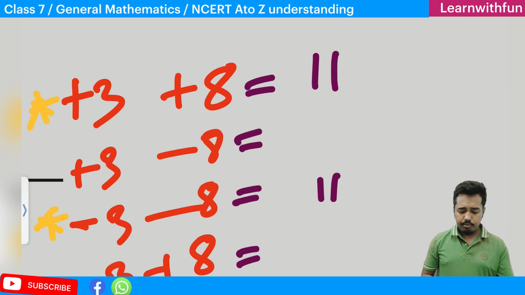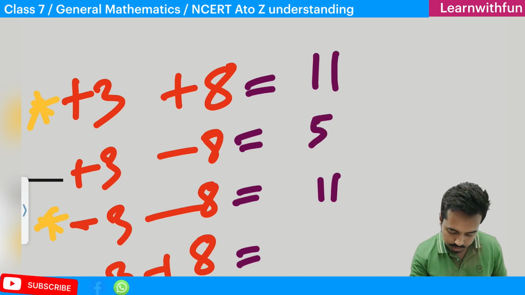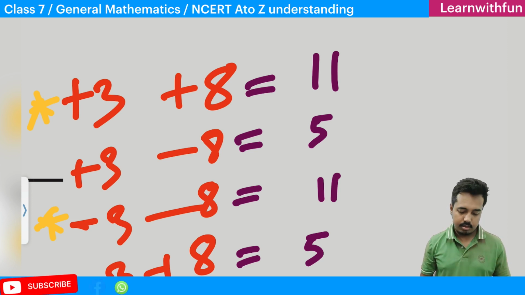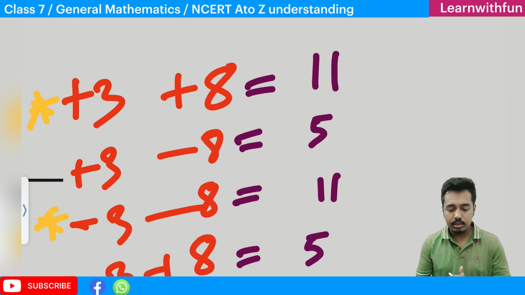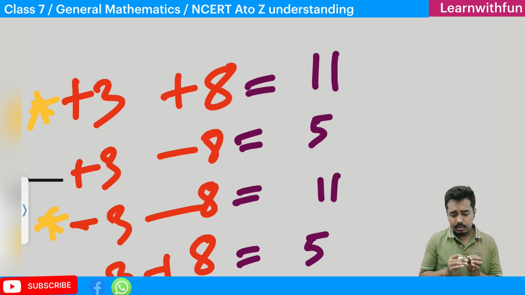But in the second and fourth case, the signs before the numbers are different. So you'll have to subtract 3 from 8 and then you will get 5. And in the fourth case, you'll get the same result, but you will have to put the sign, because the sign is important. Which number is positive and which number is negative, you will have to make that visible on your copy.